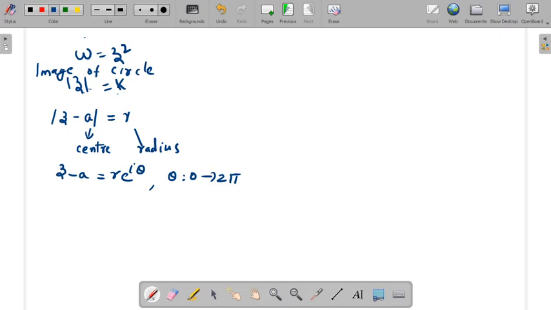So the general expression for a circle can be written as a plus r e raised to i theta, where a is a complex constant which represents the center of the circle, r is a real value which represents the radius of the circle, and theta is also a real variable, where theta varies from 0 to 2π to trace the full circle.